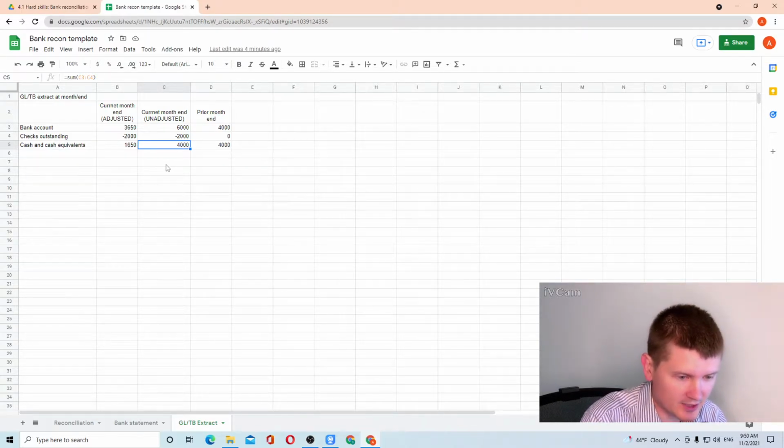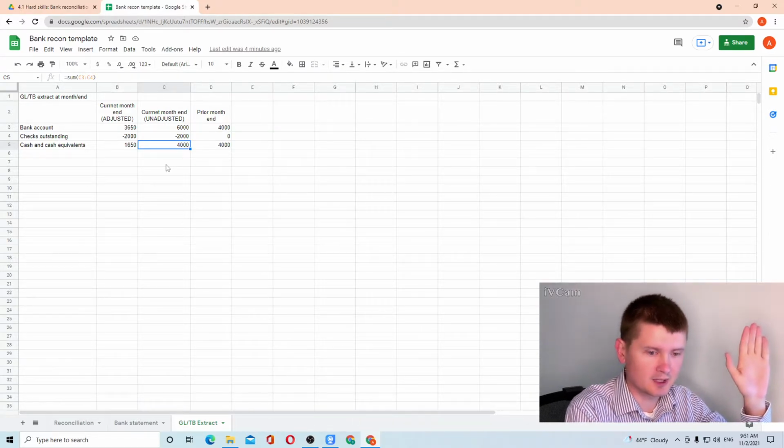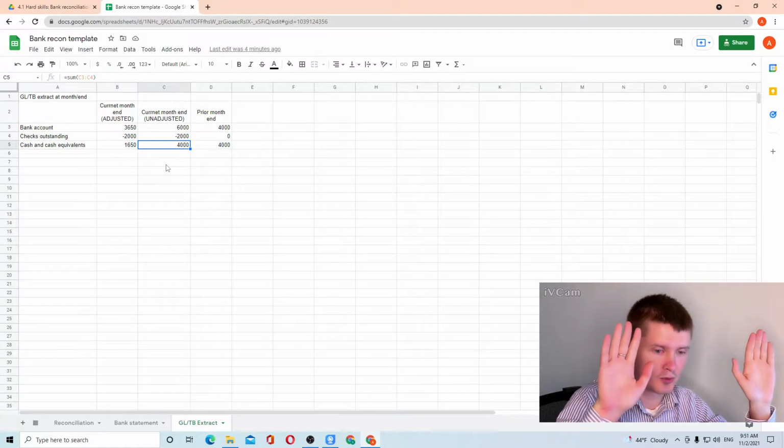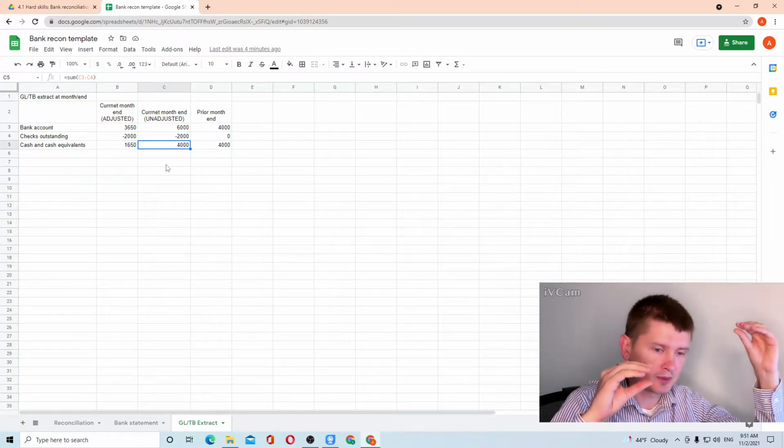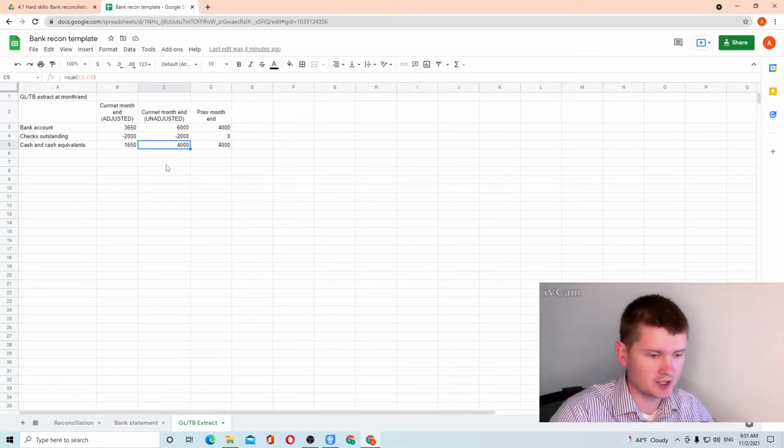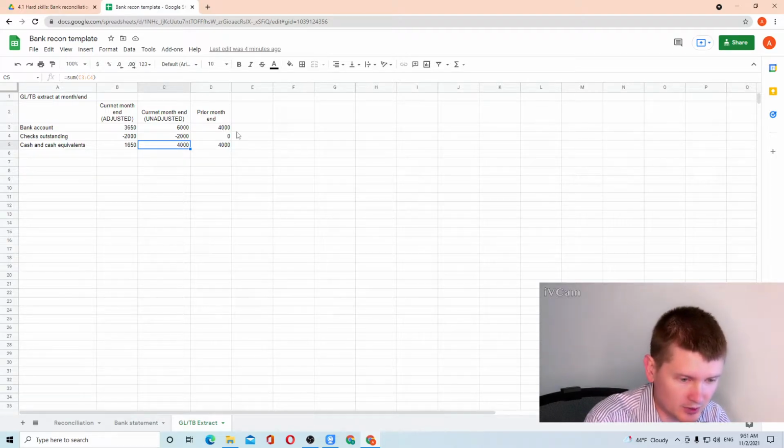However, at the month's end, you need to perform a reconciliation between your bank statement and your books. So you get a bank statement here and you get your books here, and you see that these balances don't match. So you need to figure out what happened.